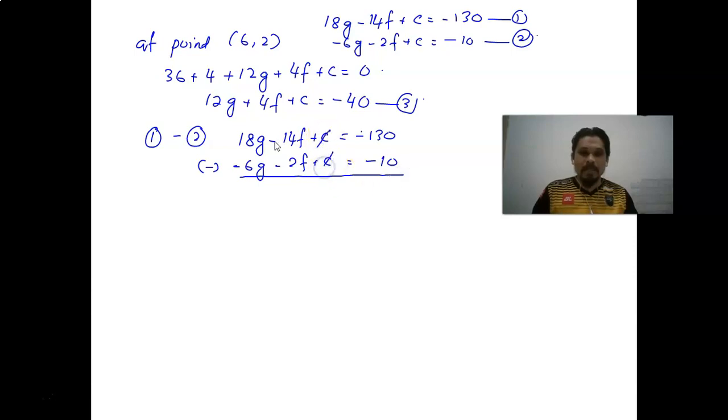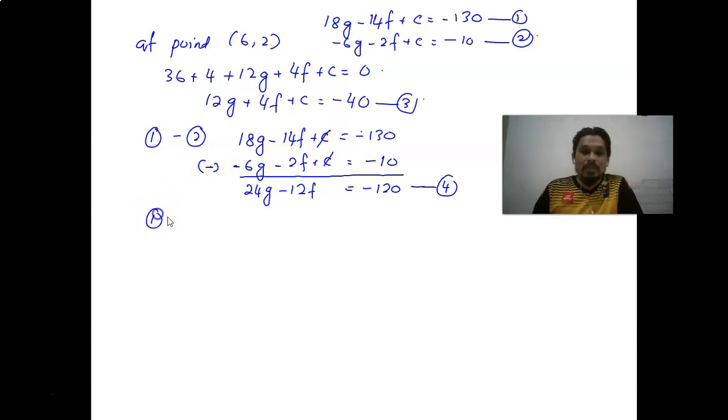C minus c, 0. 18 minus negative 6, negative and negative become positive, 18 plus 6, 24g. Negative 14 plus 2, minus 12f. Equal to negative 130 plus 10, negative 120. Equation 4.